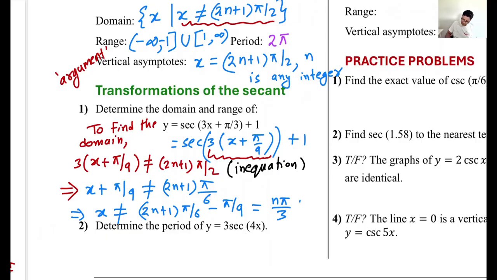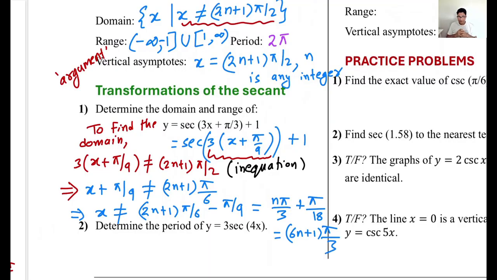So I'm doing some mental calculation here. You can do it separately. Plus pi over 18 will be the result. So your domain here is x such that x is not equal to this. All right. And you can again actually now factor out pi over 3 and rewrite it as 6n plus 1 pi over 3.